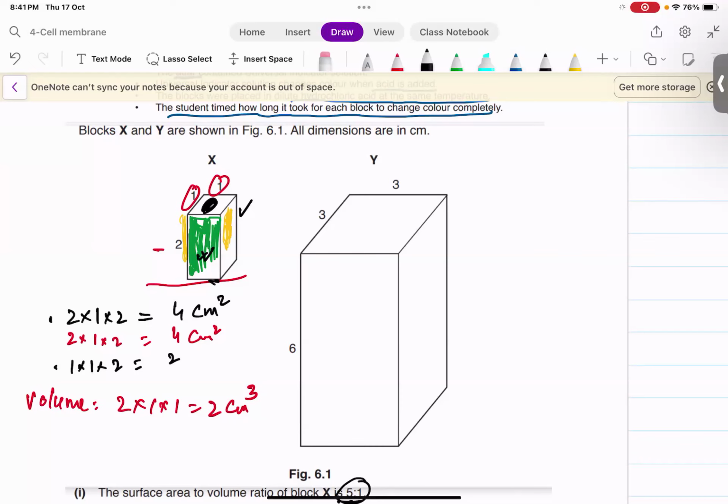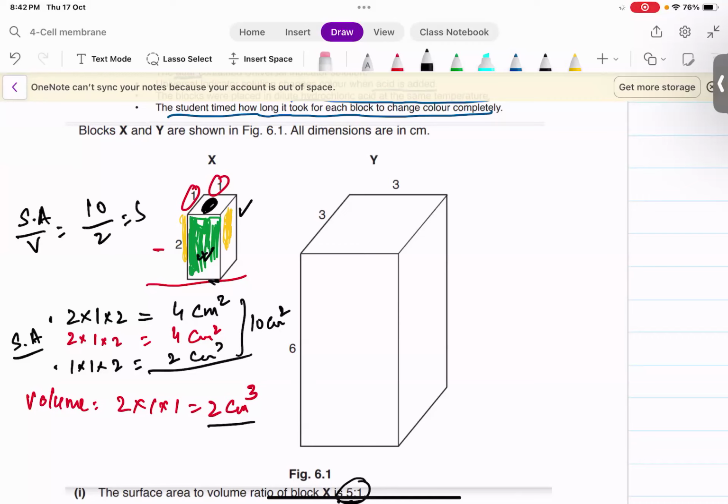So we add them up together, and that would give us 10 square centimeters. So surface area will be 10 square centimeters, and the volume will be 2 cubic centimeters. The surface area to volume ratio for this block will be 10 divided by 2, that would give us 5. As this is a ratio, it will not have any unit.